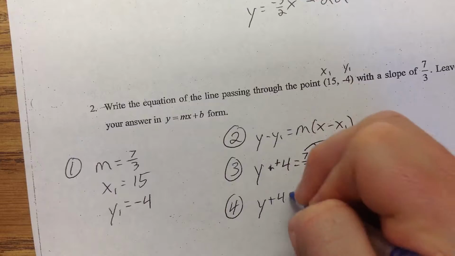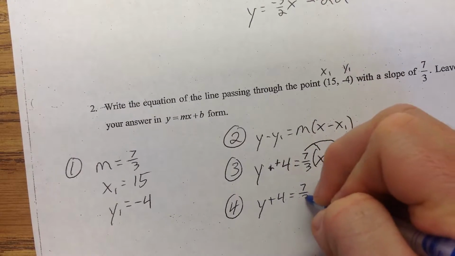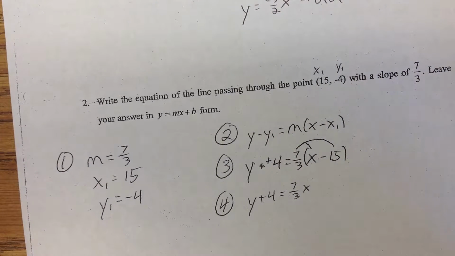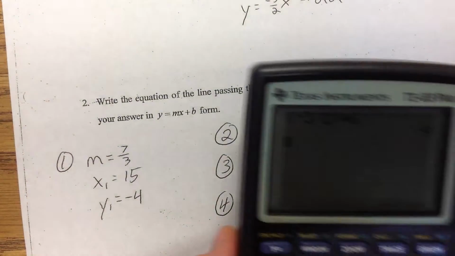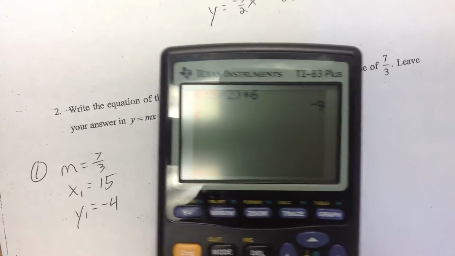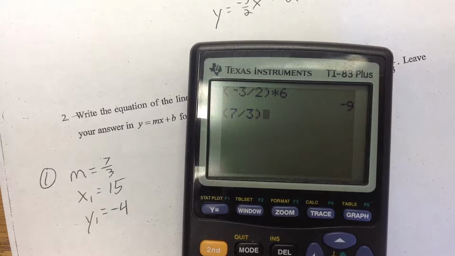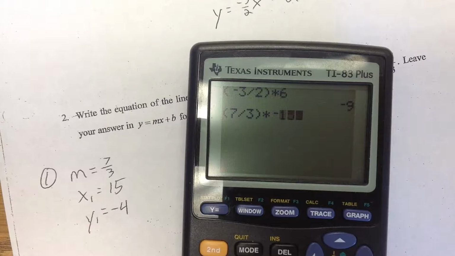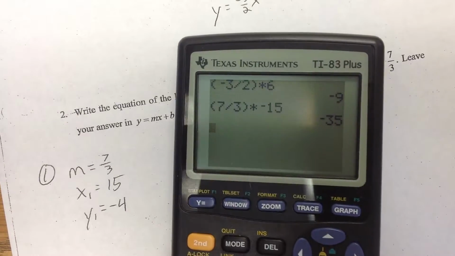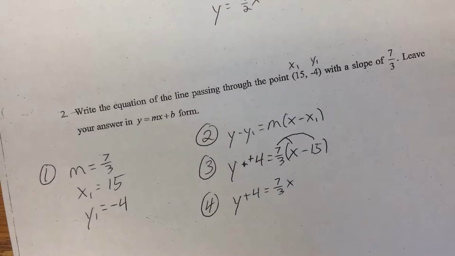The y plus 4 just comes down. I get 7/3 x. And then again, just don't be intimidated by the fractions. Just take your calculator and do 7/3 times a negative 15, and I'm going to get a minus 35.